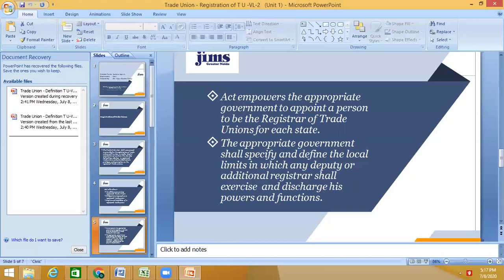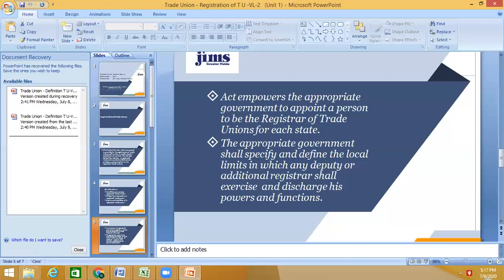These deputy registrars and additional registrars would be working under the superintendence and directions of the registrar and would be exercising such powers and functions of the registrar under this Act as it may by order specify, and define the local limits within which any such additional or deputy registrar shall exercise and discharge the powers and functions so specified.